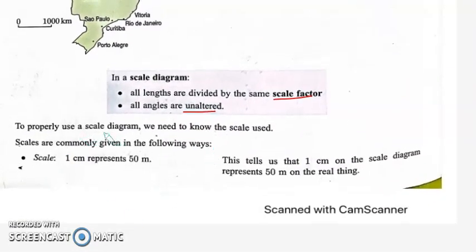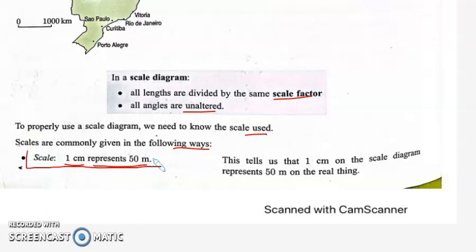To properly use a scale diagram, we need to know the scale used. We have to understand what the scale and the scale factor are, and only then can we use the diagram properly. The scales are commonly given in the following ways. 1 centimeter represents 50 meters.